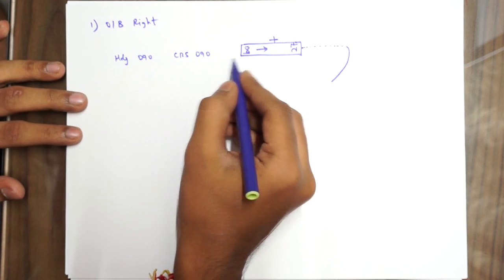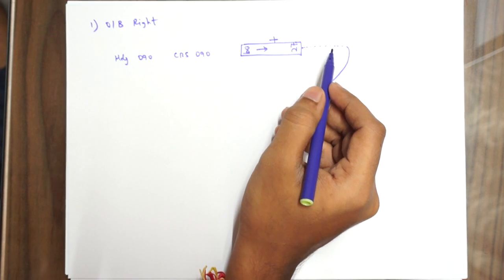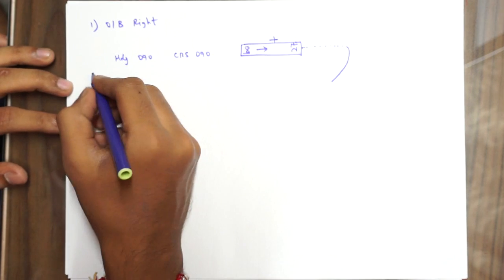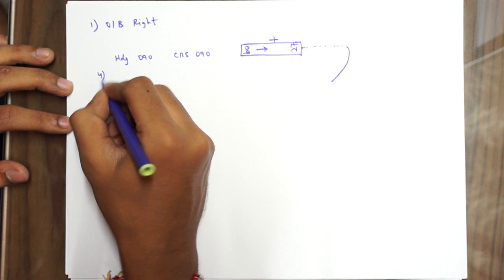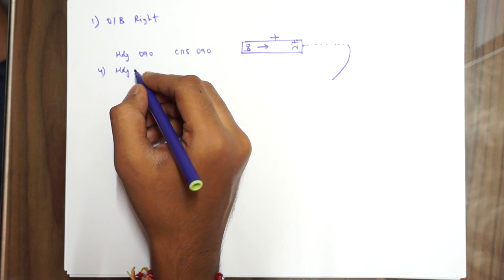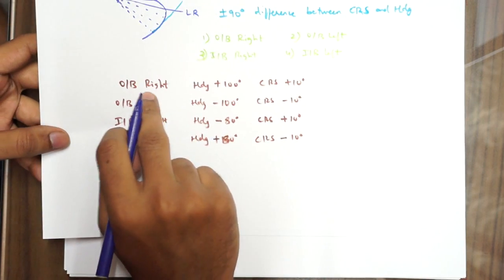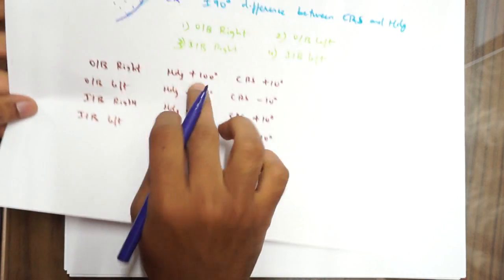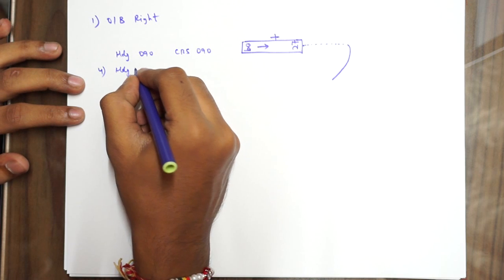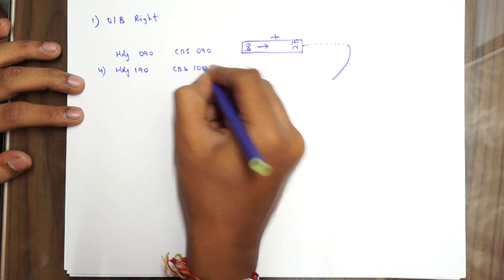Now since it's a 5 DME arc, I would suggest starting 1 DME before, at 4 DME. At 4 DME you will start a turn towards the right, outbound right, plus 100 degrees. So correction we will give plus 100 degrees, that will become 190, and course we will give plus 10, that is 100.